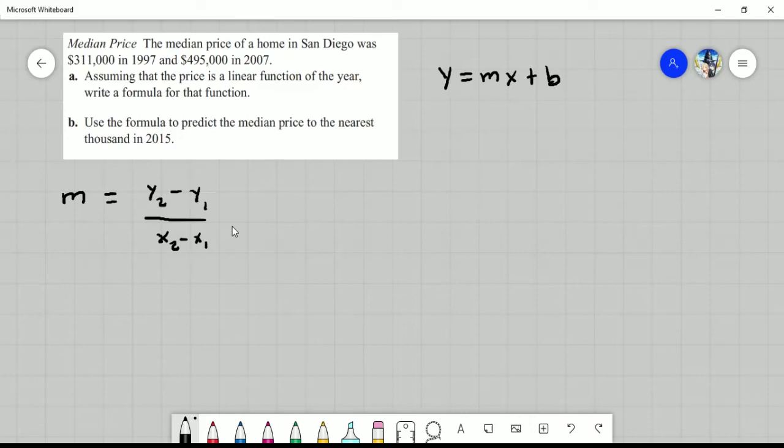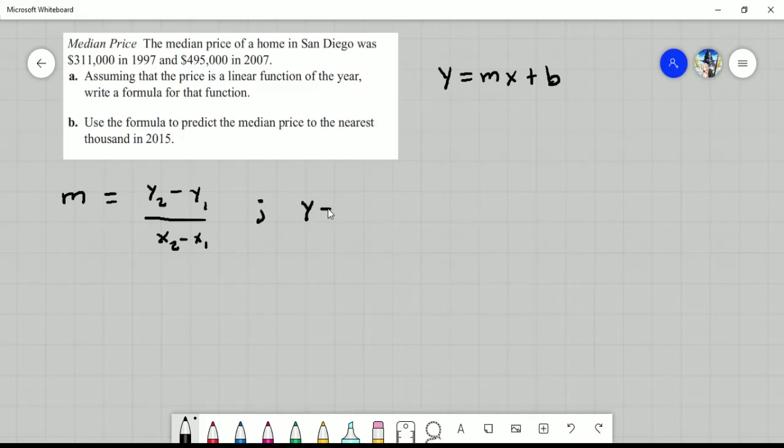So once you have that into play and get your slope, you will use that slope and whichever point, it doesn't matter which one you use. It can be the 1997 with its price or the 2007 year with its price in order to make our linear function by using the other formula, the point slope form.